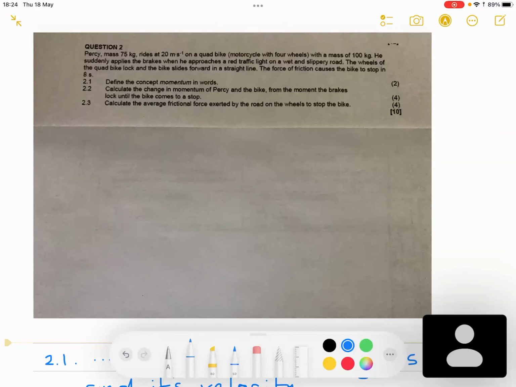The next question is, calculate the average frictional force exerted by the road on the wheels to stop the bike. Okay, so we've already just calculated the change in momentum. They told us that the bike comes to a stop in 8 seconds. And now they want to know what's the average frictional force that was exerted to stop the bike.